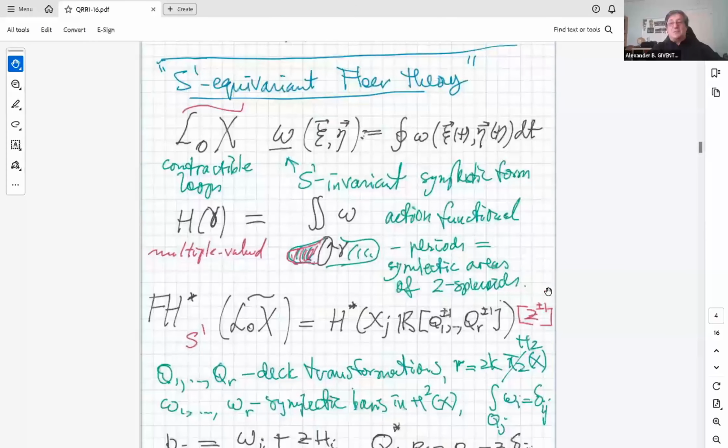Now that z was a generator in the equivariant cohomology of the point over S1. So it was that equivariant parameter that corresponds to rotation of all loops. And this was also a Novikov ring where the q's were deck transformations, except that I was using real coefficients that time rather than rational. This time it is more or less the same.